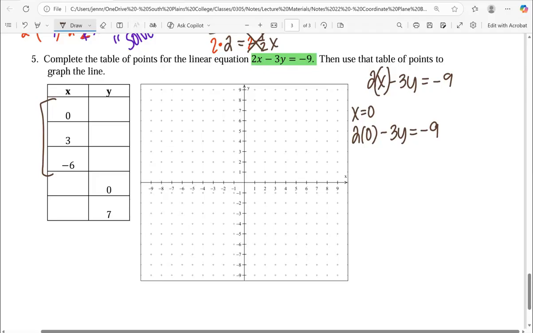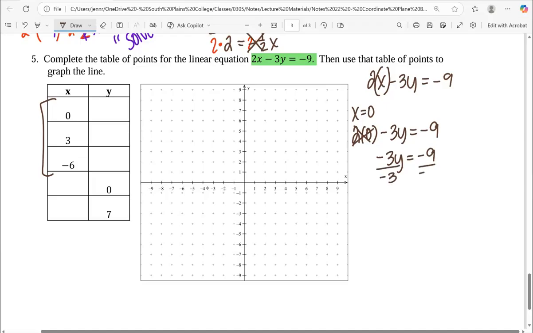Now what you'll notice going forward, when I have x and y together like this, it's going to be these intercepts. It's going to be these zeros that are easiest for us to solve for. Because 2 times 0 simply cancels out, and I have -3y equals -9.